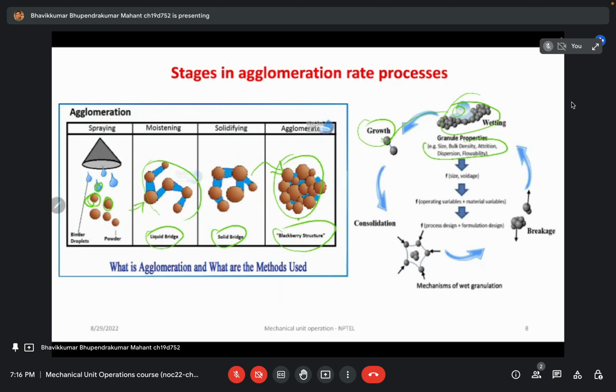In the growth portion, two different solid particles have some liquid bridge between them, and then it can consolidate our whole particle, and at the end we will get a wet granulation, and we can again break it into our desired size. If you talk about the different parameters we need to focus on, then the granule property must be a function of size and void age.